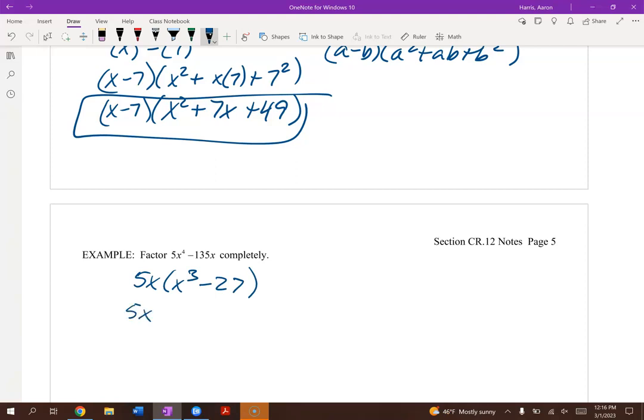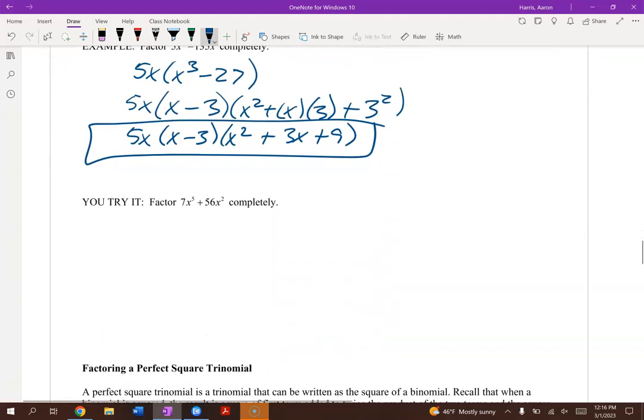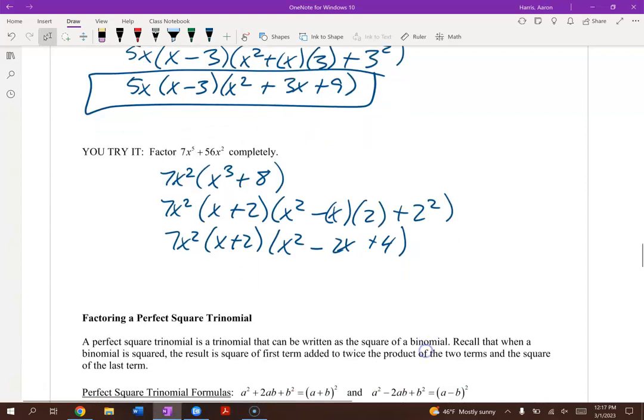And there it is, 5x, a minus b, again, b is the 3 cubed, right, times a squared plus ab plus b squared. What do we take out of those two? That's that. You try that one.